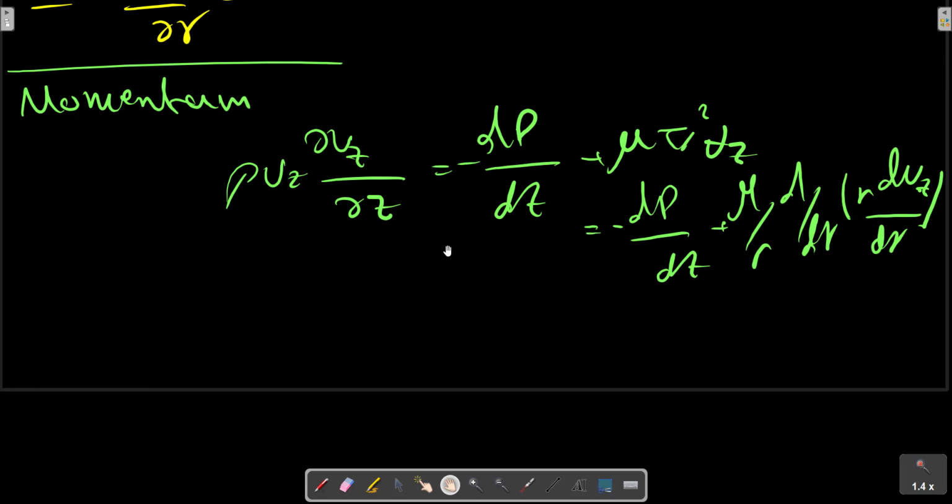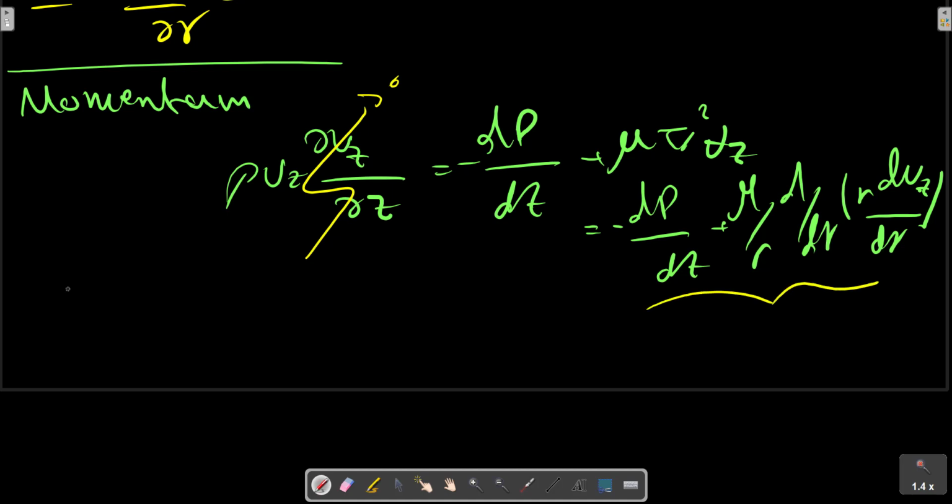The convective acceleration term on the left vanishes because of the previously given continuity equation. From the continuity equation we have this equal to 0. Thus, the momentum equation may be rearranged as follows.